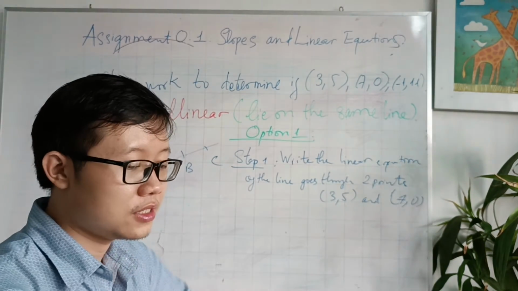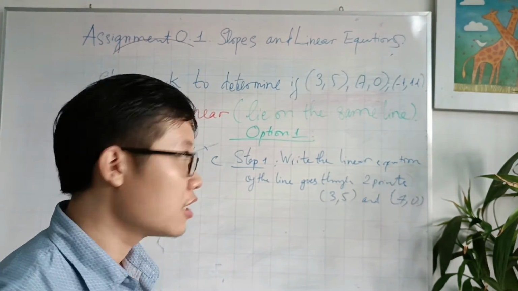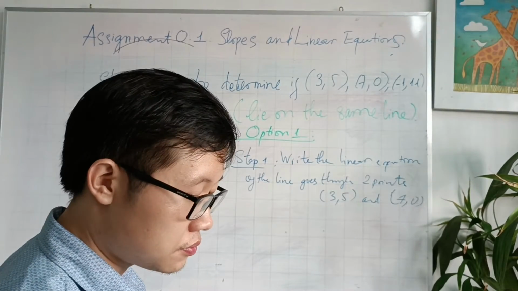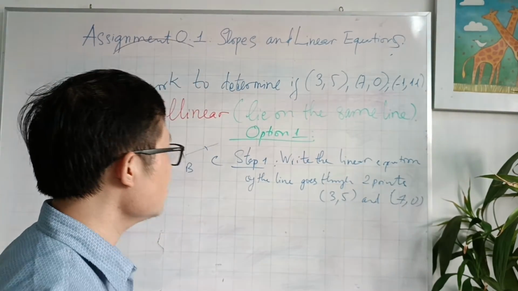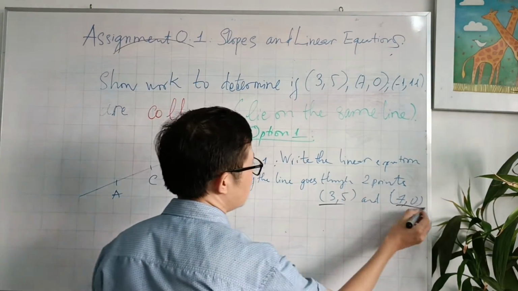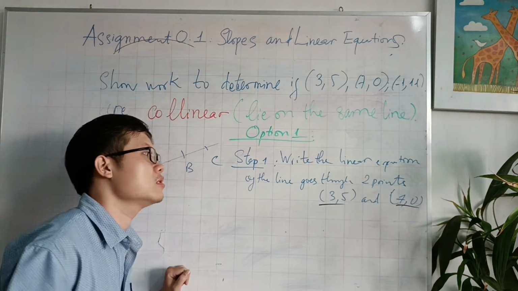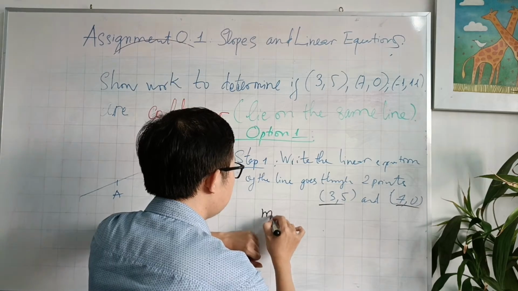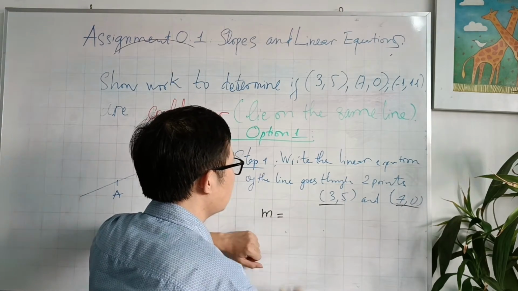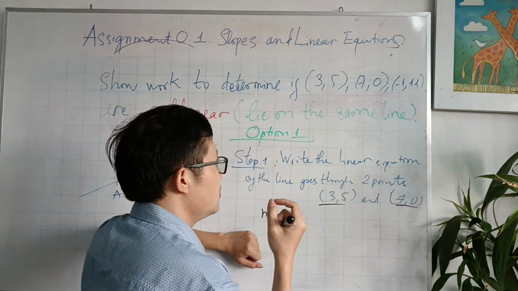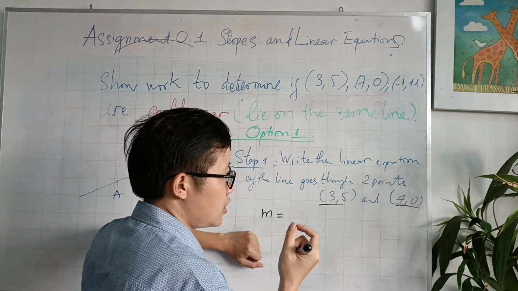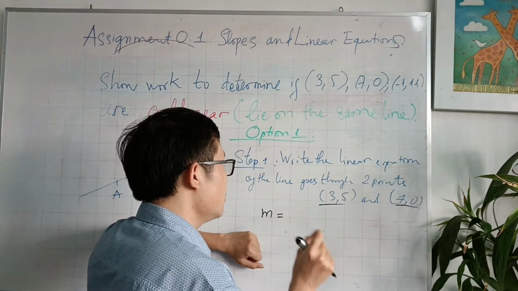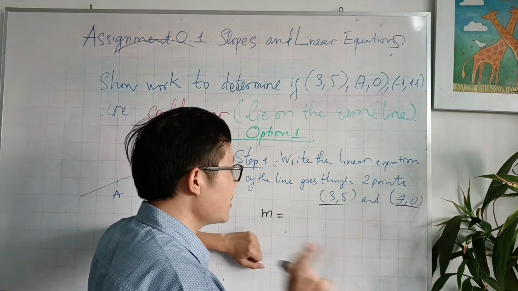I showed you in the opening of our lesson today. We have 2 points, and we do not have a slope. So first, you must write the slope m equals the subtraction of y coordinates over the subtraction of x coordinates.